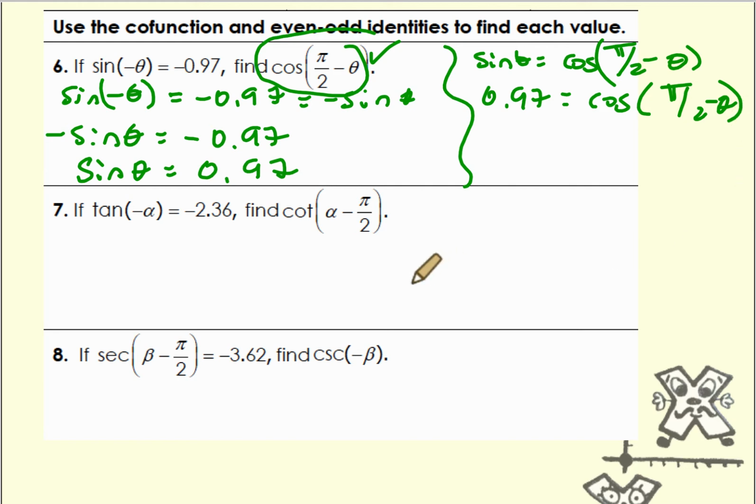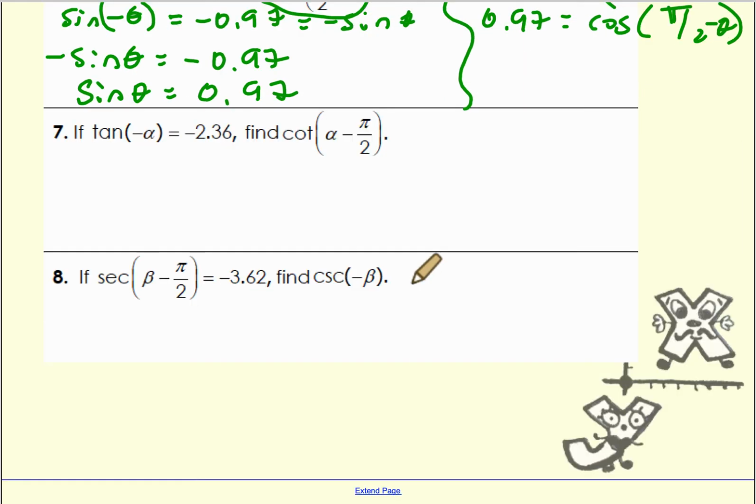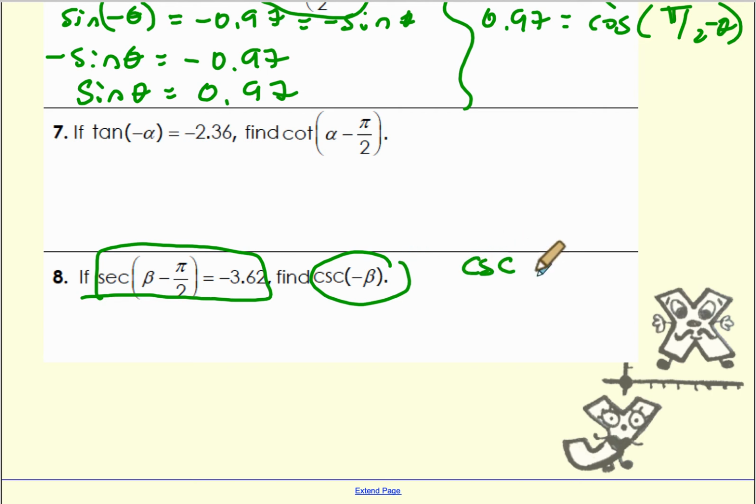Let's go ahead and use this one down here. Okay, so this is what they started us with, and we want to find the cosecant of the opposite of beta. Well, I know that cosecant is an odd function, so I know that the cosecant of the opposite of an angle is the same as the opposite of the cosecant of that angle.